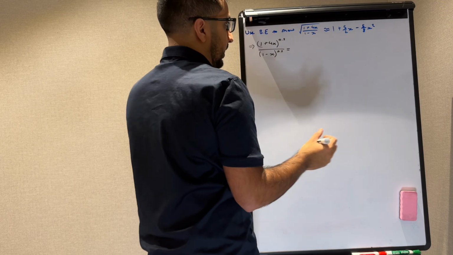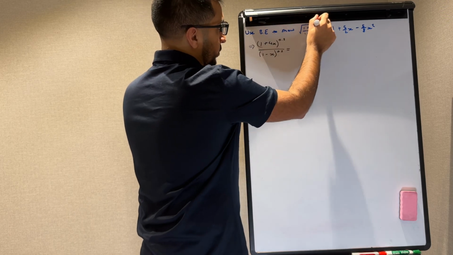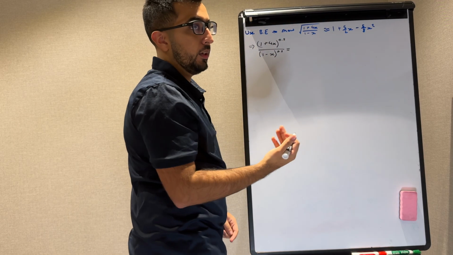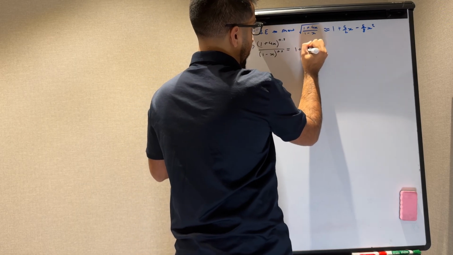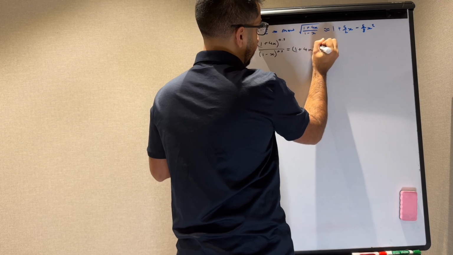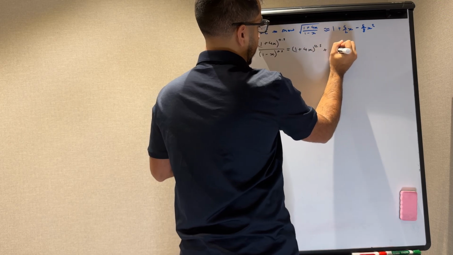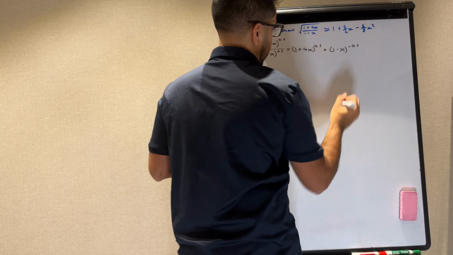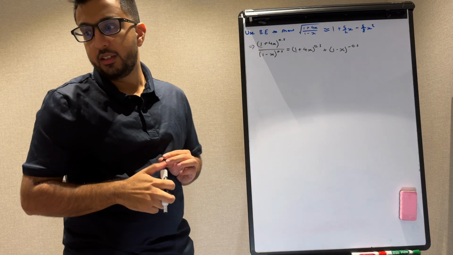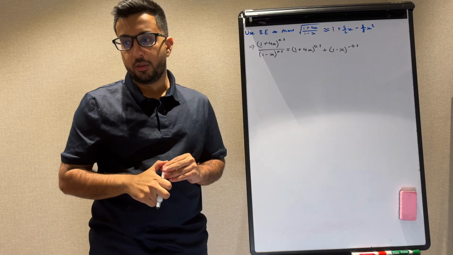All I did there was say the square root of that over the square root of that, but then put it in indice form. We are then going to rewrite the new denominator as a power to a negative, such that we are left with this. Perfect. Now we can do the general binomial expansion.